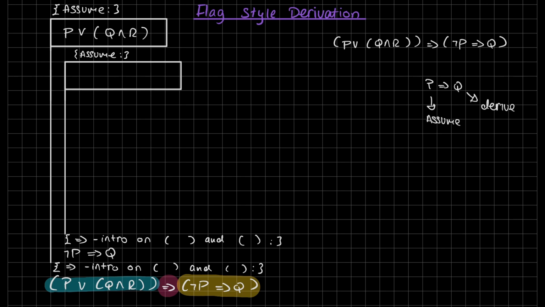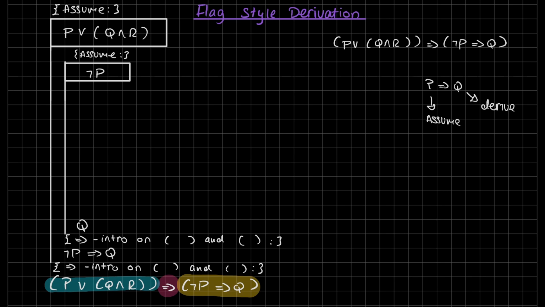What goes in our flag is the left-hand side, which is not P. Let me make this flag a bit smaller because it's taking up too much space. Our new goal is just to prove Q.